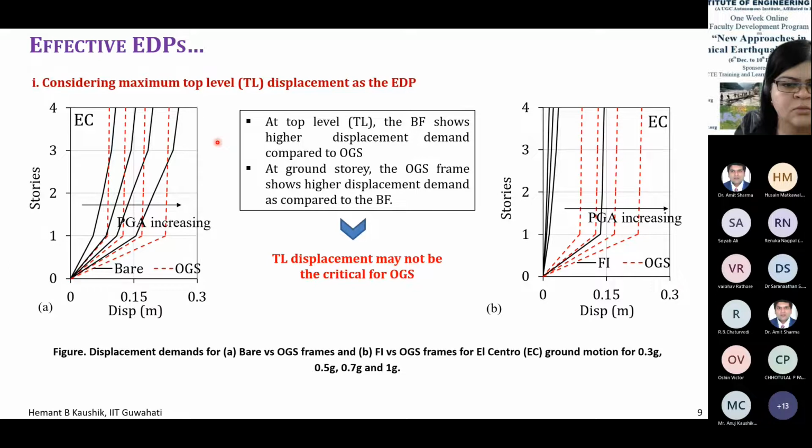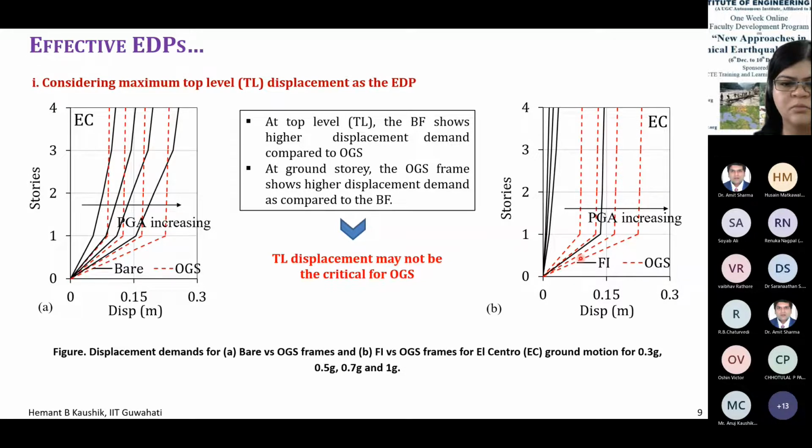We know that open ground story frames are more vulnerable. They are more risky. So if we compare the full infill frame with the OGS frame, we get these kinds of results. Even in some cases, you see the full infill frame also behaves more or less like an open ground story frame once the ground floor infill has failed.